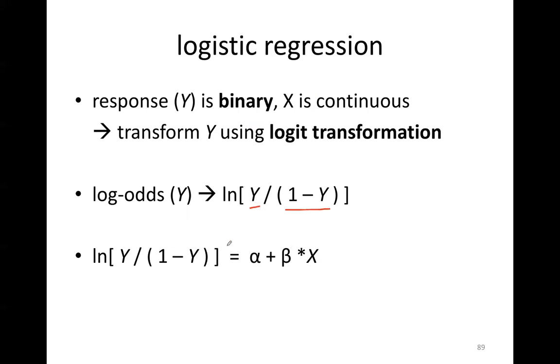Y is the response. So this becomes something like the odds of success, the success probability and the failure probability. You can think of it like that. And the log of that odds value, log of that ratio, now becomes your response. You try to model this response, the relative probability of success, as a function of your quantitative variable. Okay, a linear function of your quantitative variable.